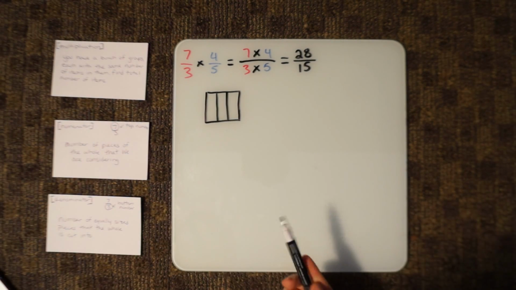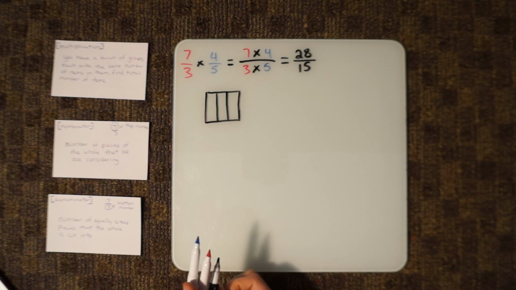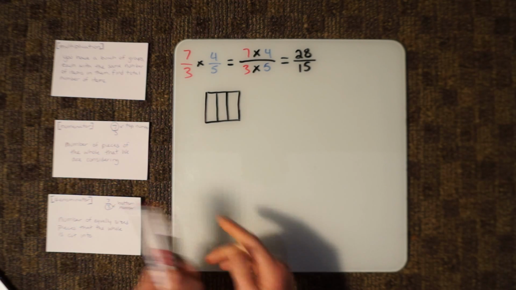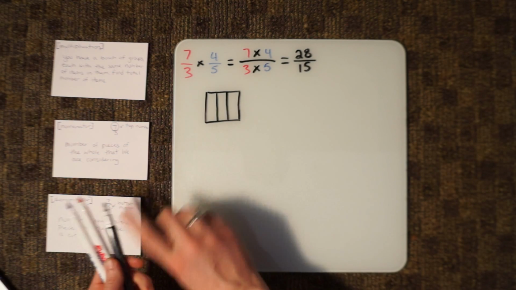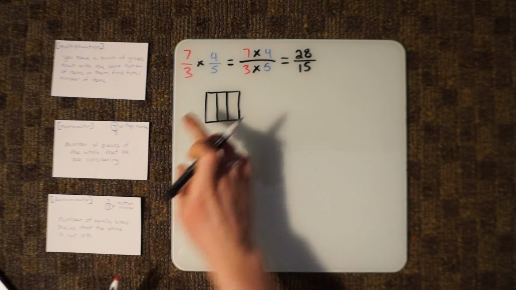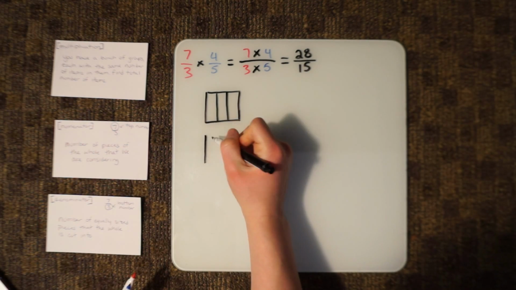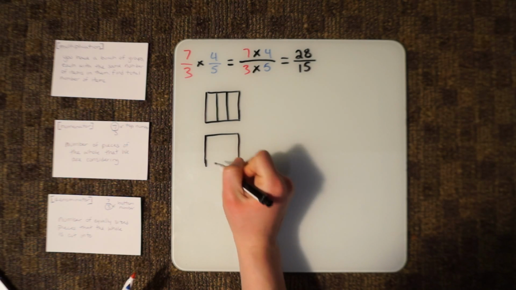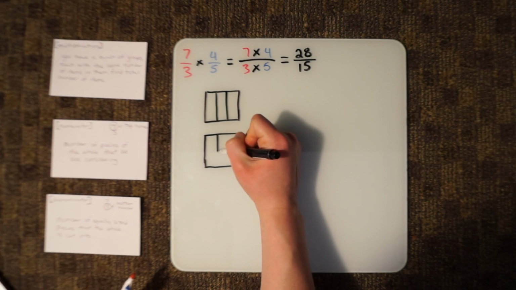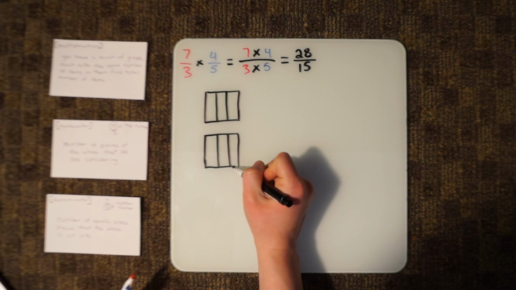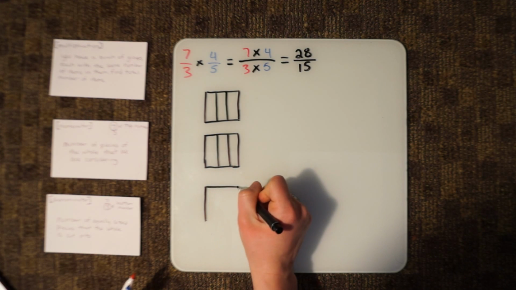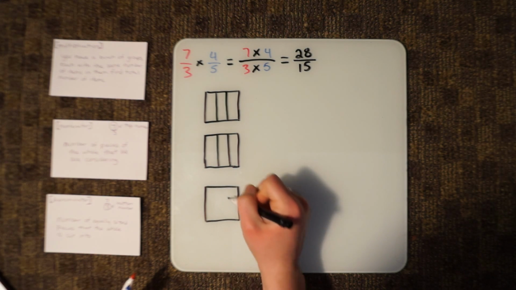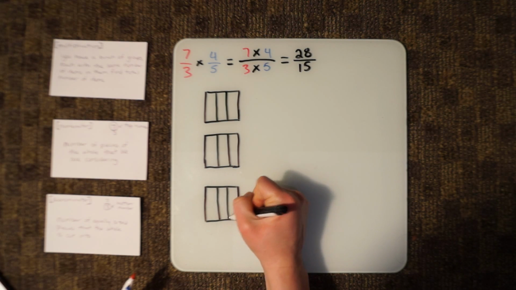Our next step is to shade in the numerator, which is 7. We don't have enough here to shade in 7, we only have 3, so we'll have to draw more wholes. And we'll split that into thirds, and then we'll go ahead and split another one into thirds.